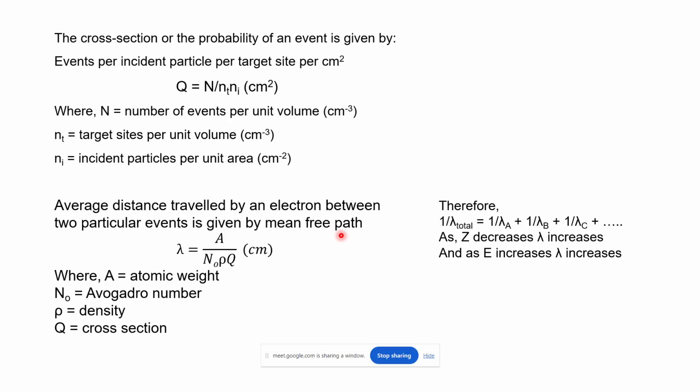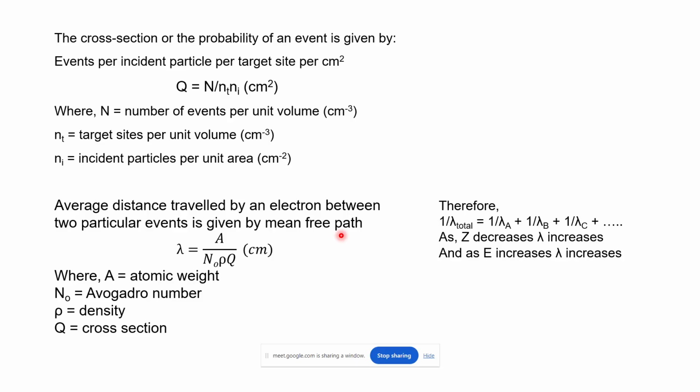This mean free path is very important for further classes and further study. So you just need a basic idea of what the mean free path means. It is the average distance traveled by an electron beam between two events.